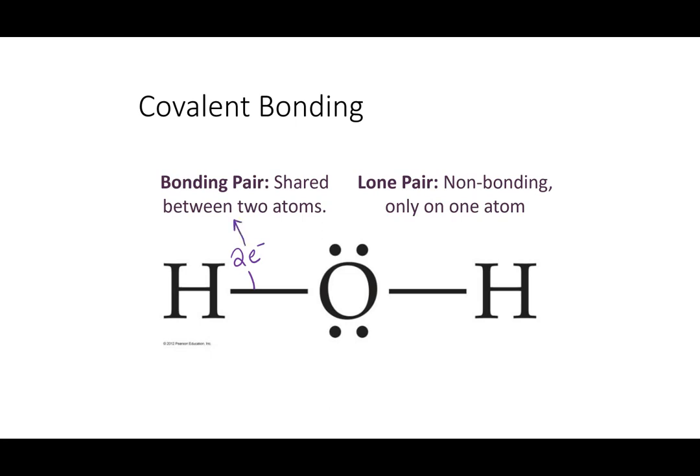It represents a bonding pair. Same thing with this line. The important thing to keep in mind when you count electrons is that when you touch a line, you count 2. So I would count 1, 2, 3, 4, 5, 6, 7, 8. Each line represents 2 electrons.